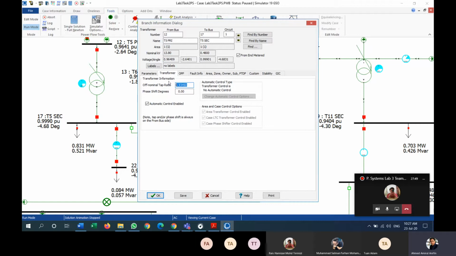Suppose if you want to decrease 2 taps, so what would be the value? The value would be 0.0625 into 2. So it should be 0.125 if you want to decrease 2 turns.